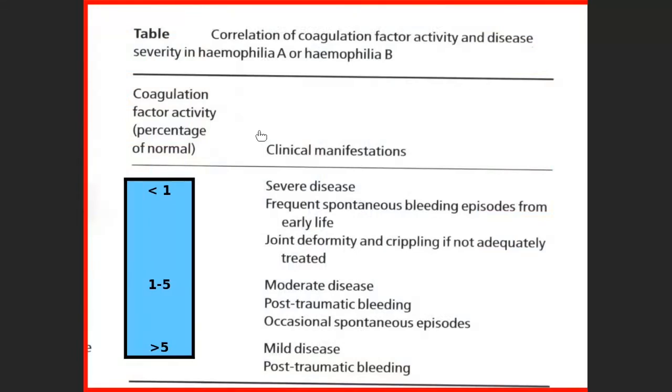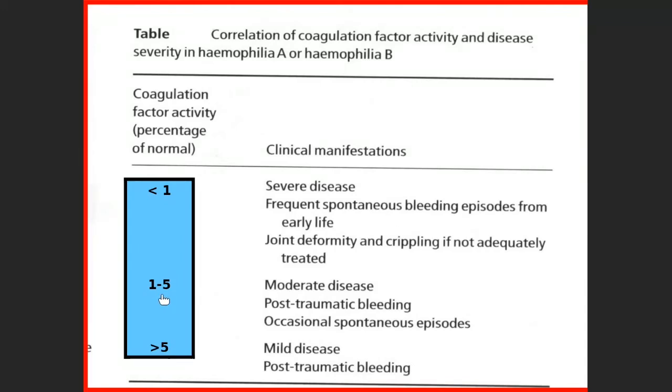Let us see the clinical manifestations. They include bleeding from cut wounds following trauma or injury, bleeding into muscles, and bleeding into joints. In severe hemophilia, we have severe bleeding from early life, even following minor trauma. We get bleeding in joints, resulting in joint deformities, and bleeding in muscle, causing muscle hematomas.